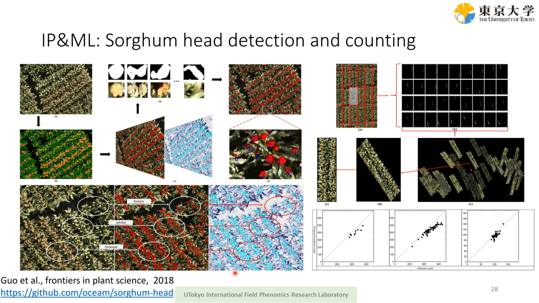And again, for this case, we also want to have a global model that can handle all the cases and do not require the breeders to think more on the image processing part.